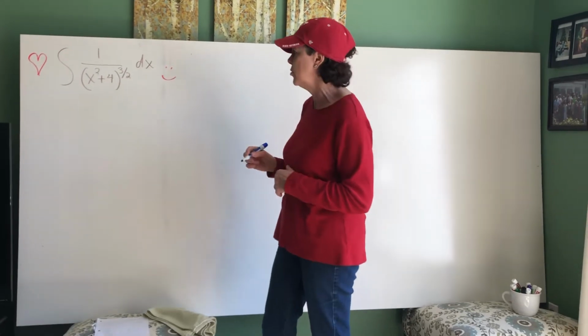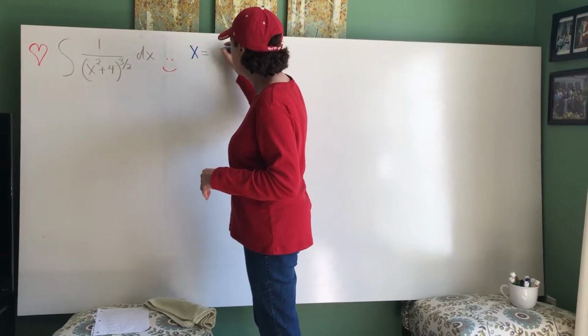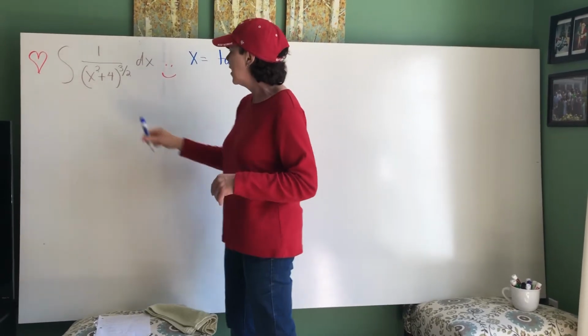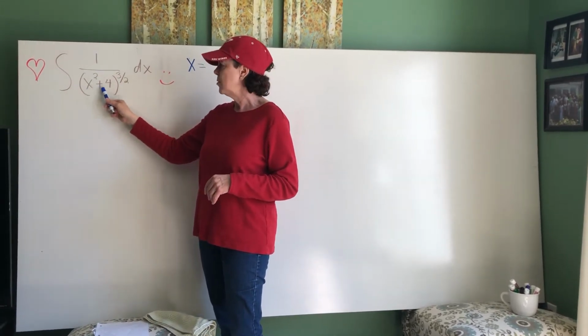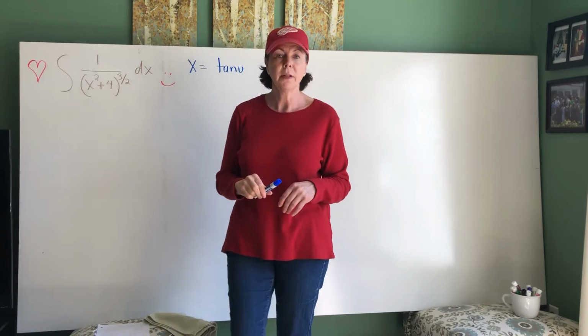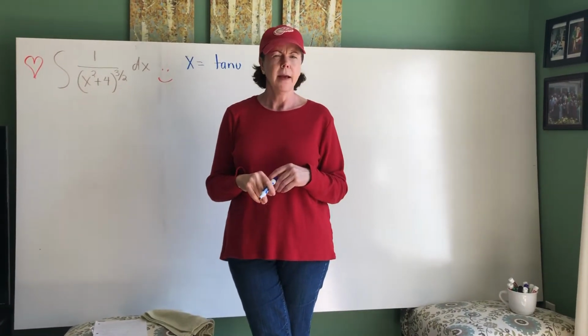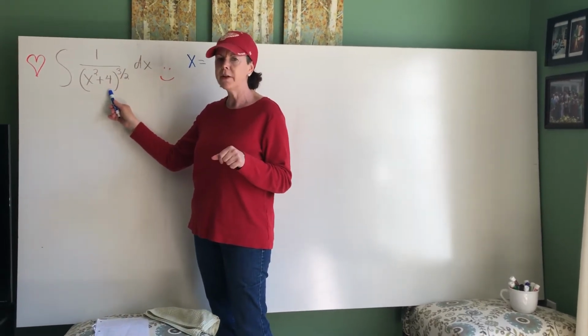So what I'm going to do is make my x not just tangent of u, because if I put tangent here, that would be tangent squared plus 4. Hey, if I had tangent squared plus 1, that'd be nice. That's secant squared, right? That might work for us. And so this 4, I really am going to want to be a 1 eventually.